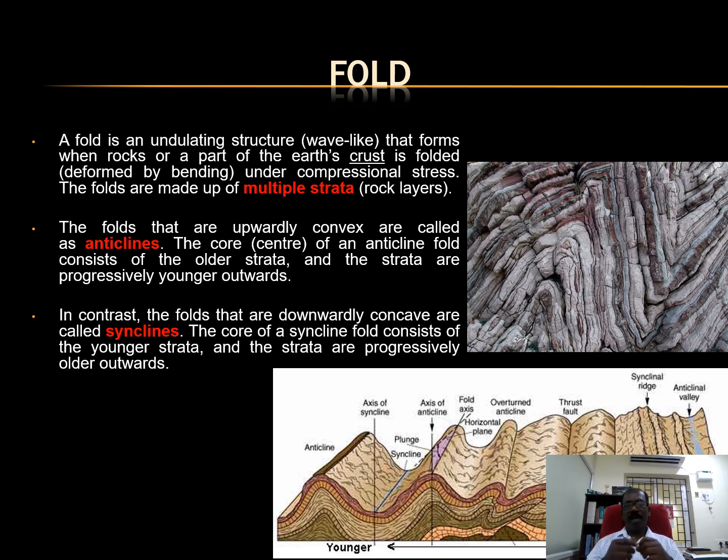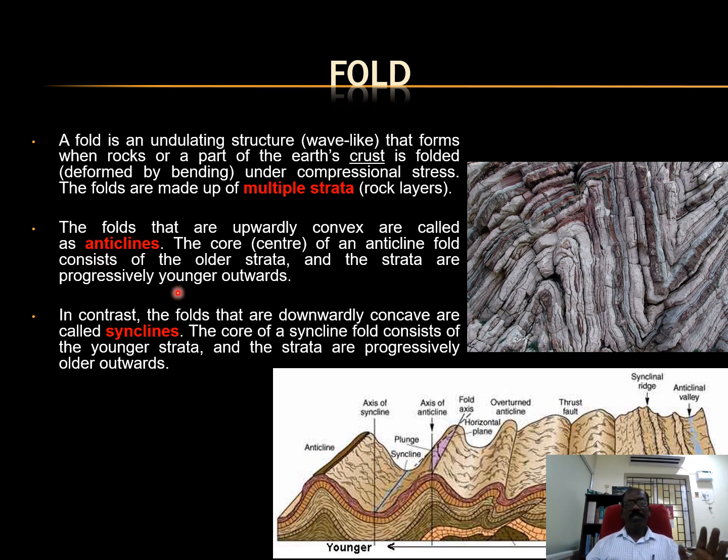So that means, according to the structure and what it consists of, based on the rock constituents, it may get folded or break into two or a number of pieces. When it gets folded, that process is what we are seeing now. When it gets broken, then it's called a fault, which we are going to see later.